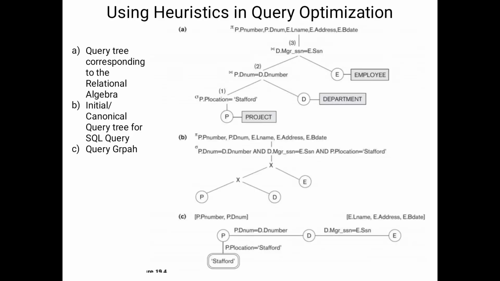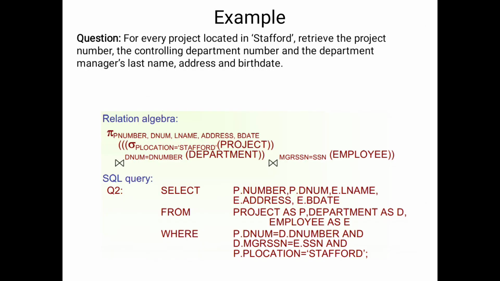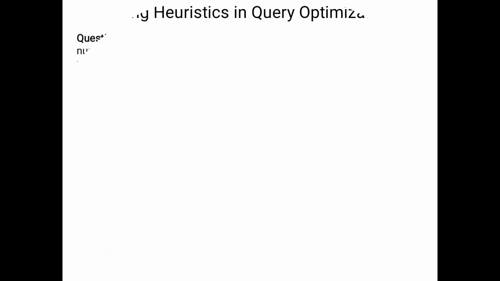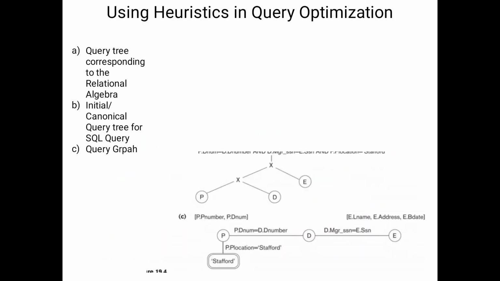Next we will write the initial or canonical query tree for the SQL query. Finally we will represent the graph. Here please observe the query tree, initial query tree and query graph for our question. Our question is, we want the information about project number, controlling department number and department manager's last name and date of birth.